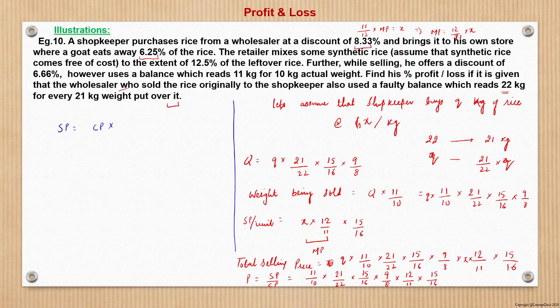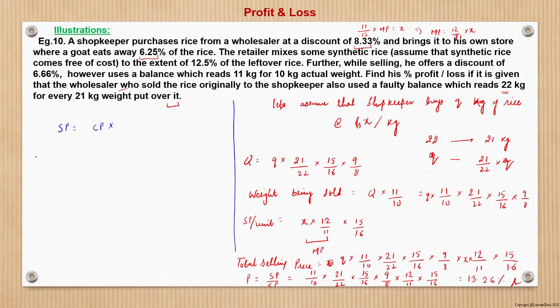This gives 1.1325. So basically here it is nothing but 13.26% profit, right? This is the answer we have got using a broken down approach.